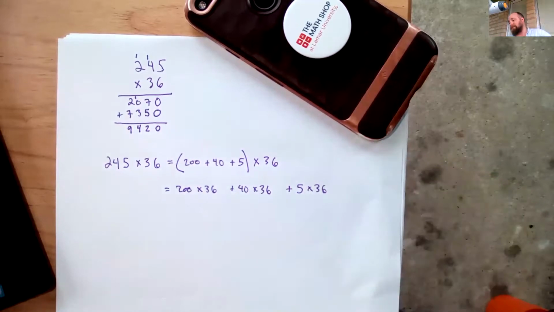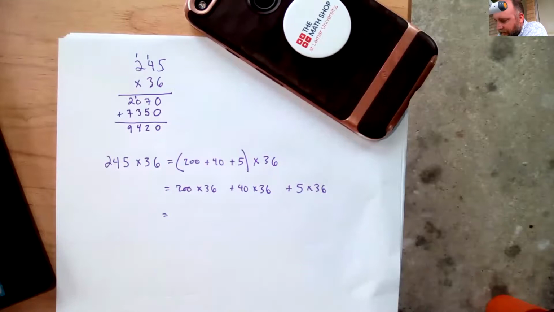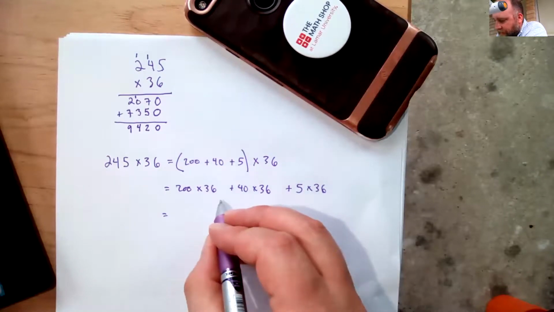And now I'm going to break up 36. Okay? And 36 is 30 plus 6.